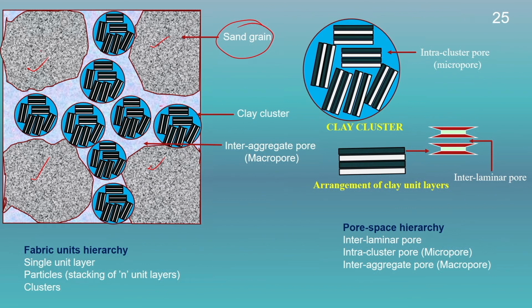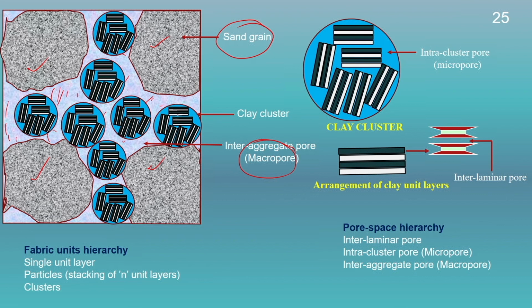Here we can see that between the different sand grains we have a large amount of void space or pore space. These large inter-aggregate pores are known as the macropores. Then we can see there are different clusters of montmorillonite particles.